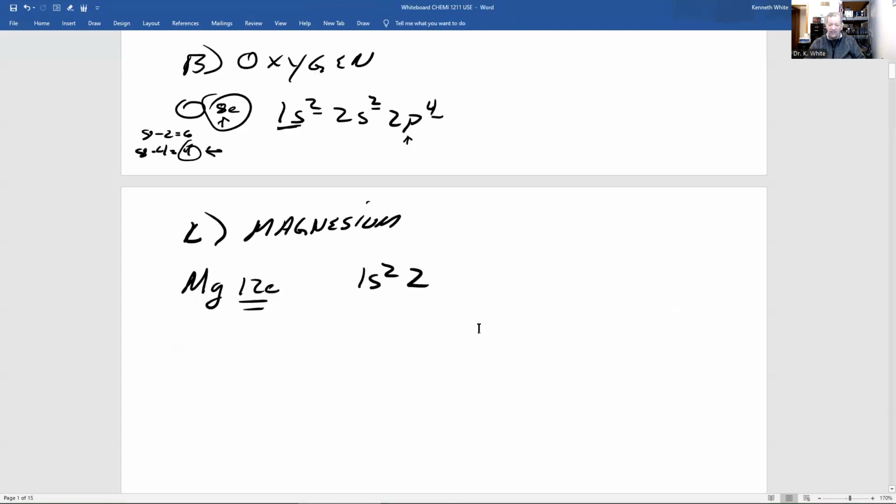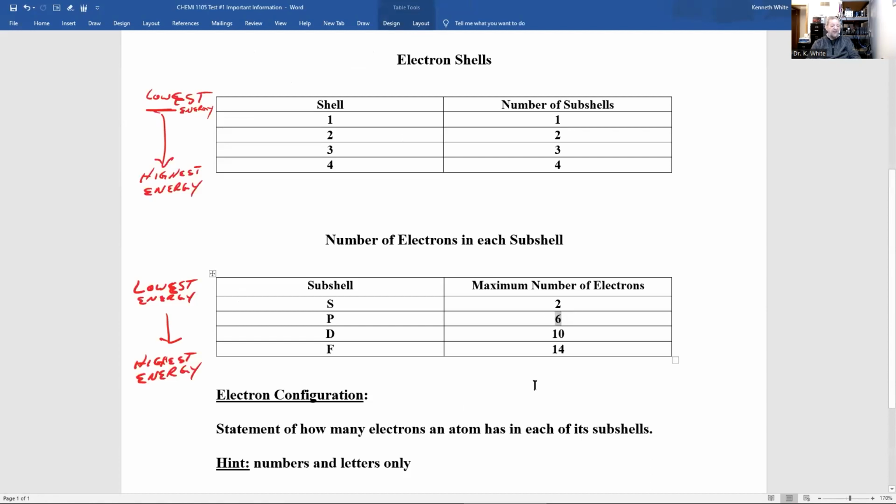In this case, that would be 2s, and I can only put 2 electrons. Well, 2 plus 2 is 4. I've got more electrons to go. Now, shell 2, as I just showed you, has 2 subshells. 2s is the lowest, and the next is 2p. Now, how many electrons can I put in 2p maximum? And remember, you'll be given this table. The past students had to memorize this, you don't. And here, that's 6 electrons.